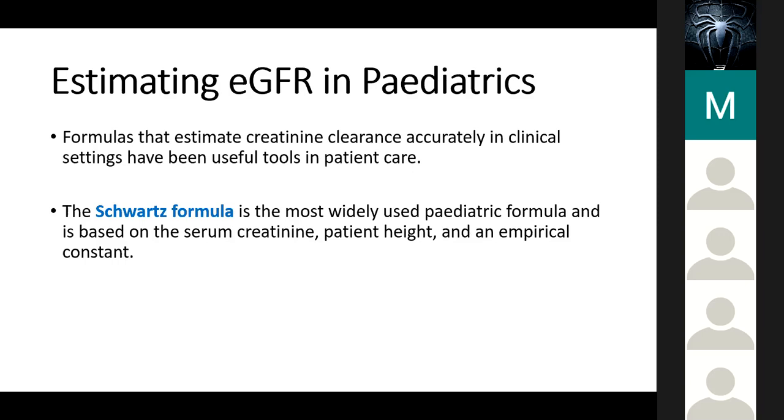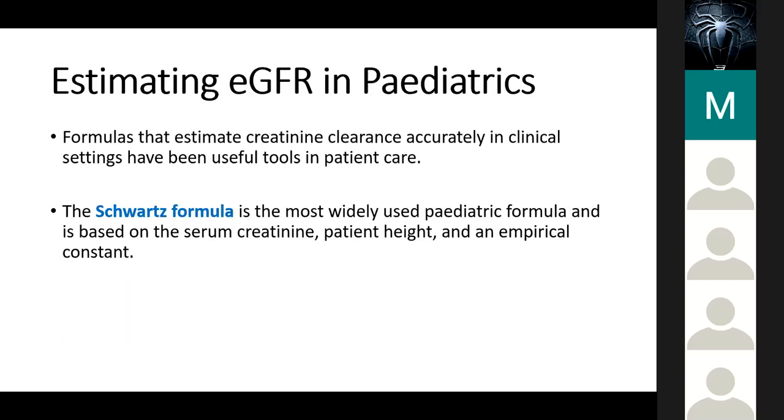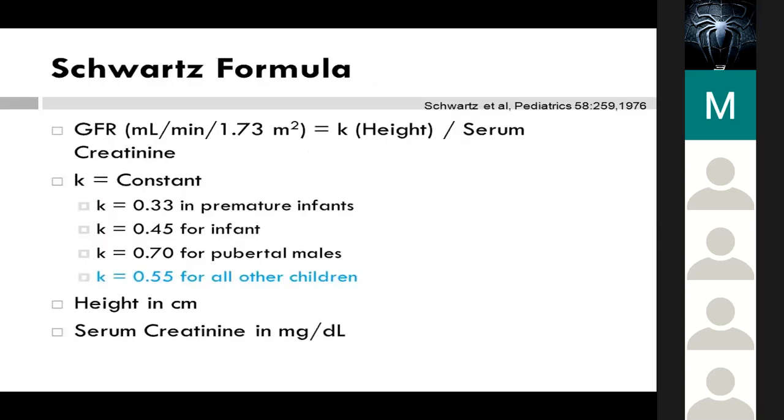So how do we estimate the eGFR in pediatrics? This is done using a formula called the Schwartz Formula, and it is based on the height of the patient and then a constant. The constant depends on the age of the patient. So if you want to measure the GFR, which is a measure of the function of the kidney, it is the constant times the height divided by the serum creatinine.